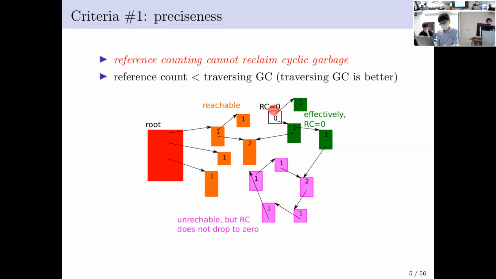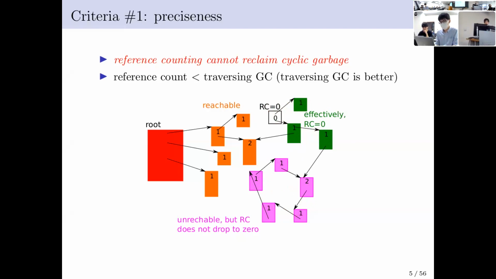Let's say the reference count of this particular object drops to 0. Then this one will be collected. And after this one is collected, the reference counts of these two objects will also drop to 0. Then these two objects will be collected too, and this continues until this object. So after these green objects are collected, this pink cycle will remain.